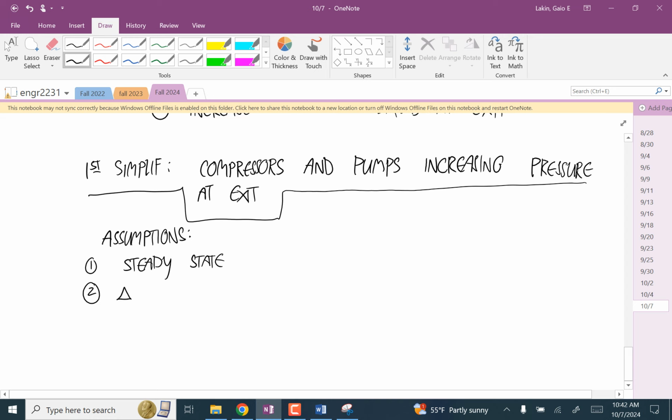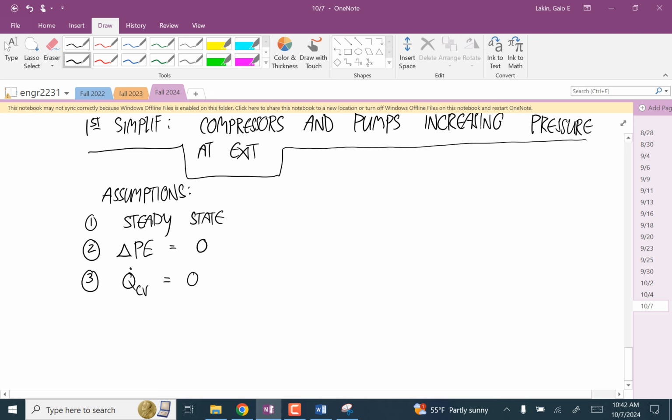Second, the change in potential energy from the inlet to the exit is 0. Third, that it's happening quickly, so there's no heat transfer from the control volume. And fourth, that we're not worried about a change in speed, so we're going to assume that the change in kinetic energy is 0.